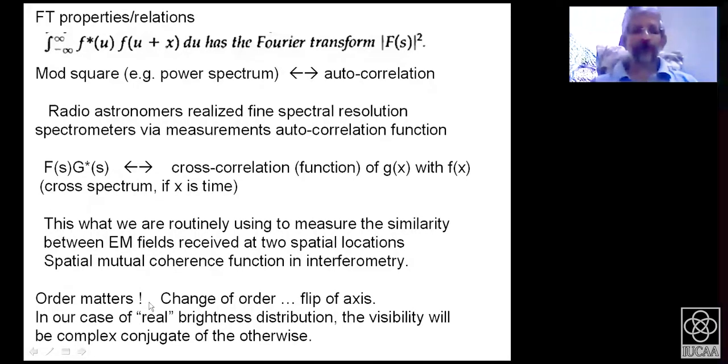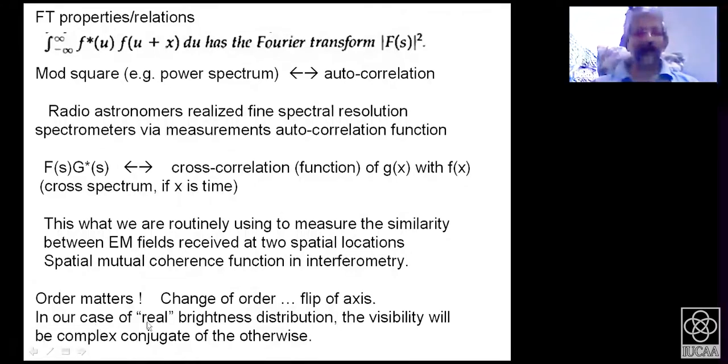Here the order matters, what you correlate with what, but you can see that it's a flip of axis that you need to take into account when it's like A correlated with B versus B correlated with A. You will find the phase relation apparent from it will change sign, and as long as you take that into account, you're okay.